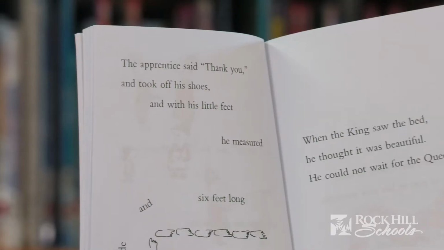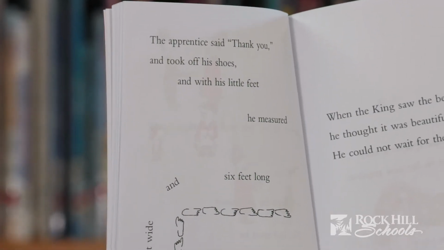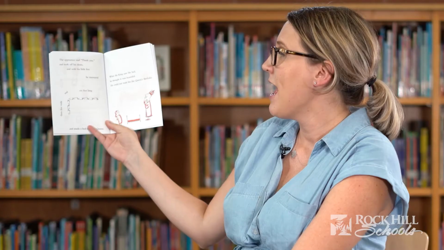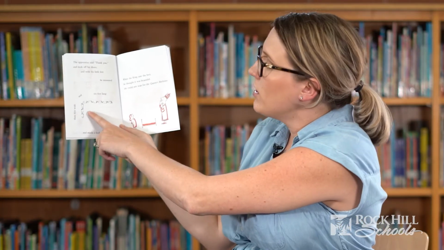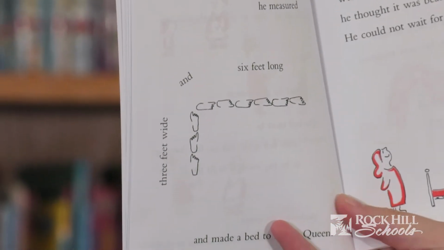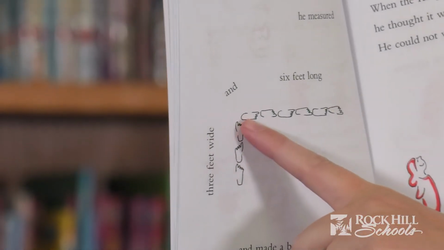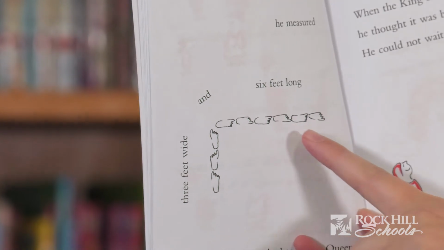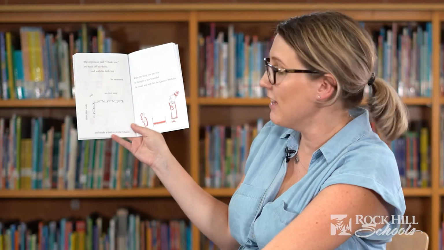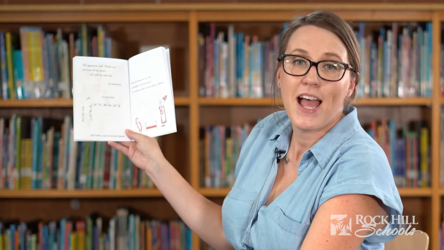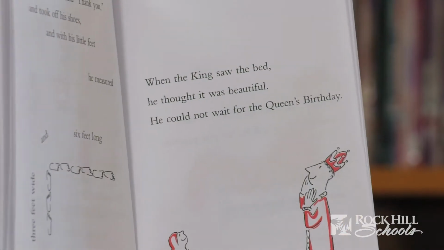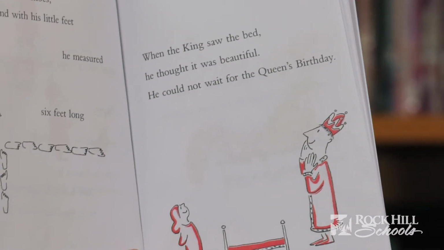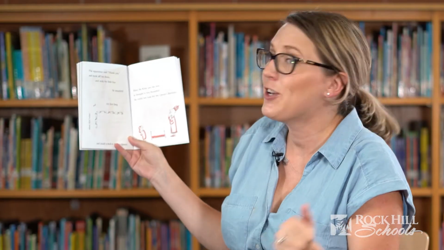The apprentice said, "Thank you," and took off his shoes, and with his little feet, he measured 3 feet wide and 6 feet long, and made a bed to fit the queen. When the king saw the bed, he thought it was beautiful. He could not wait for the queen's birthday.